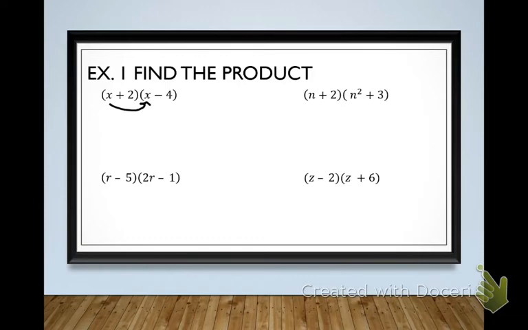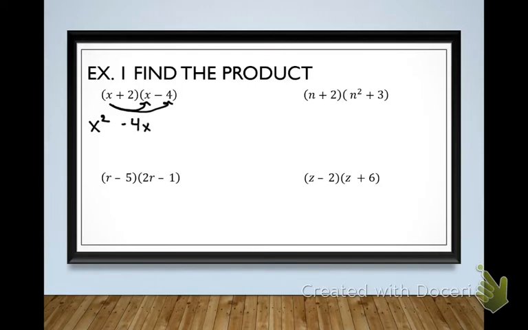X squared. Okay, now let's multiply the outside terms. What's x times negative 4? Negative 4x. I multiply my number and my variable together to make negative 4x.